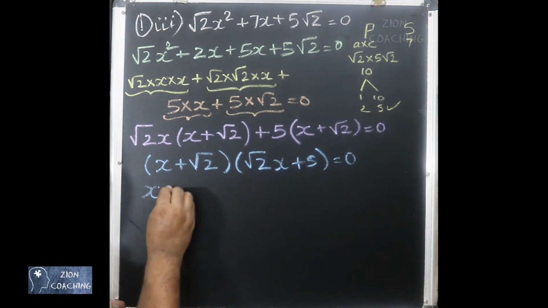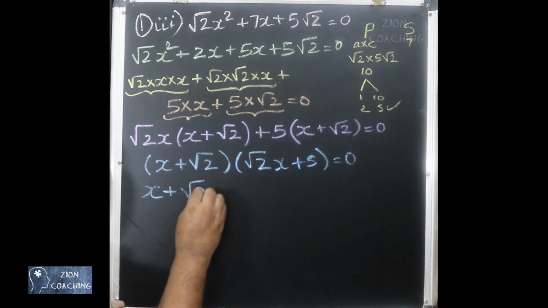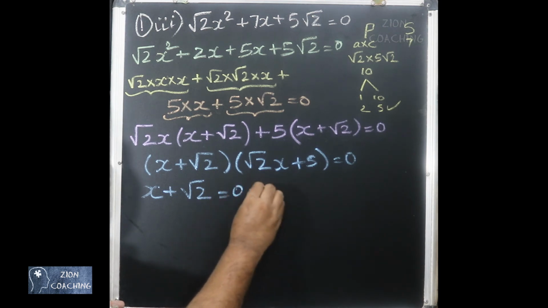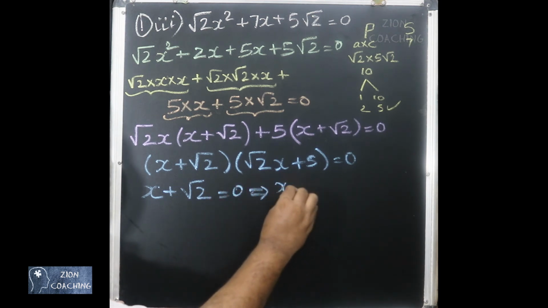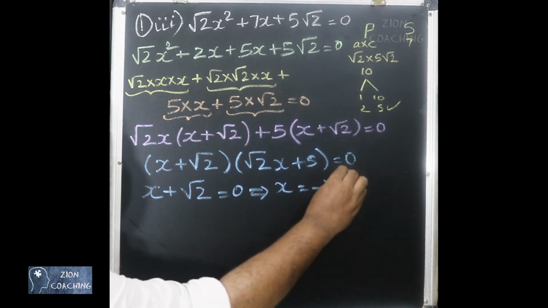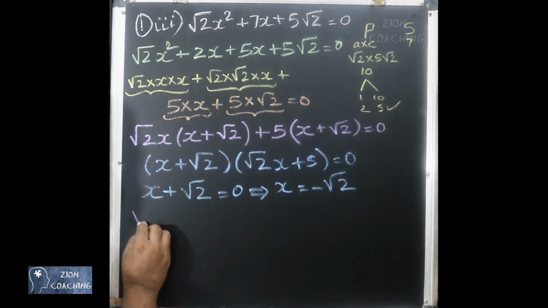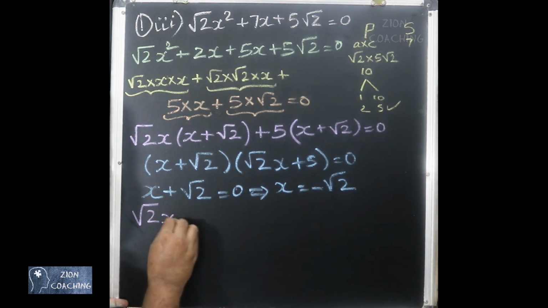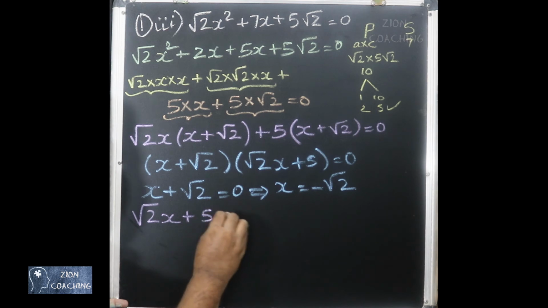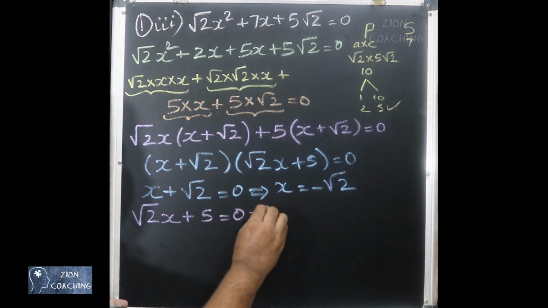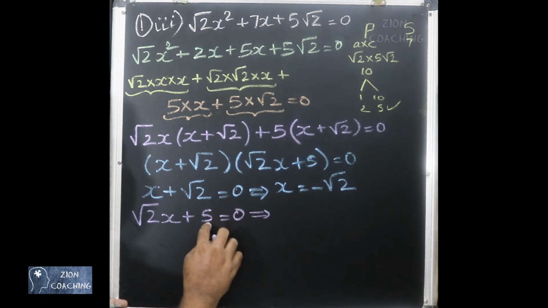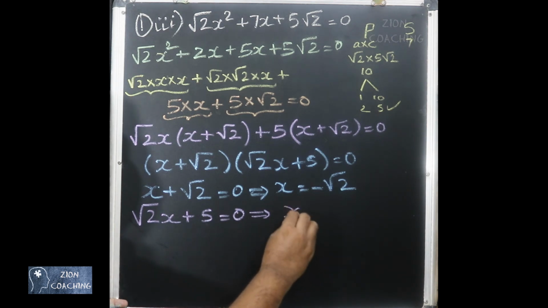Now equating this one by one to 0, we are going to get the values of x. When you equate x plus root 2 to 0, we are going to get x is equal to minus root 2. Then when you equate the second one to 0, that is root 2x plus 5 equal to 0, when you take this 5 to the other side, it will become minus 5.